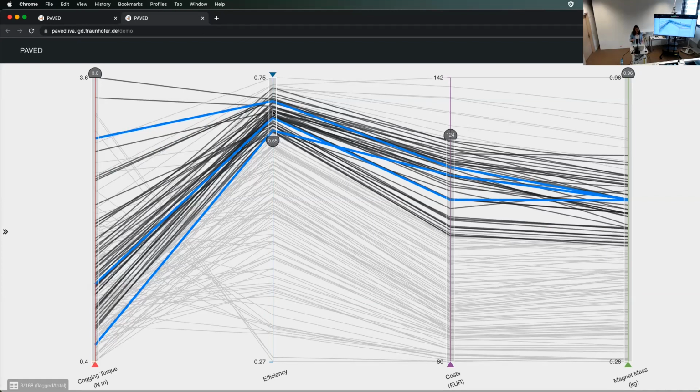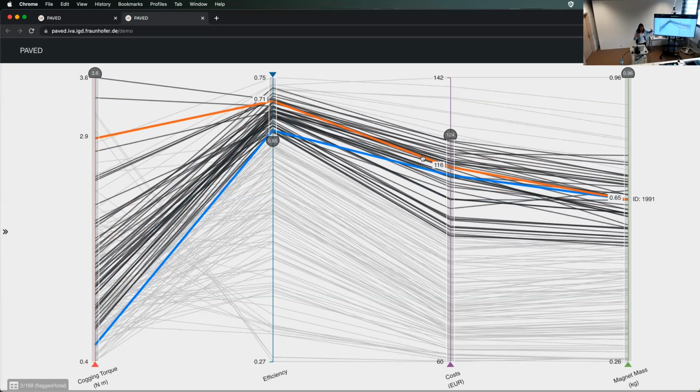So these three motors are now a good example of how preferences might evolve during exploration. If you take these two here, you can see that for, what is it, €2 more, I think, you can achieve a significantly higher efficiency.